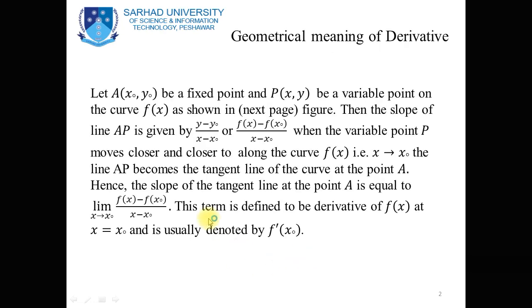We have already discussed that when the variable point moves closer and closer along the curve f of x, that is x tends to x naught, the line AP becomes the tangent line of the curve at the point A. Hence, the slope of the tangent line at this point A is equal to the limit x tends to x naught of f of x minus f of x naught divided by x minus x naught. This is actually the derivative of the function at x equal to x naught.